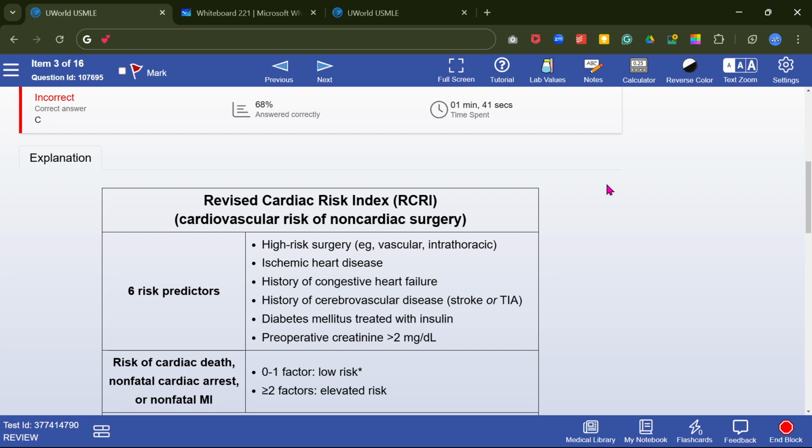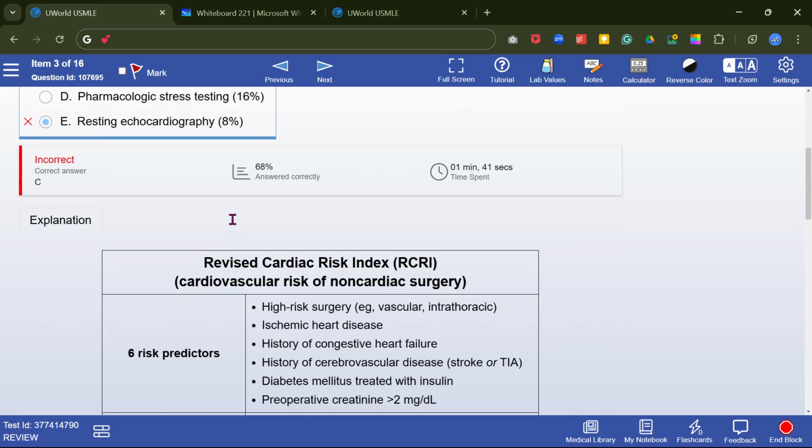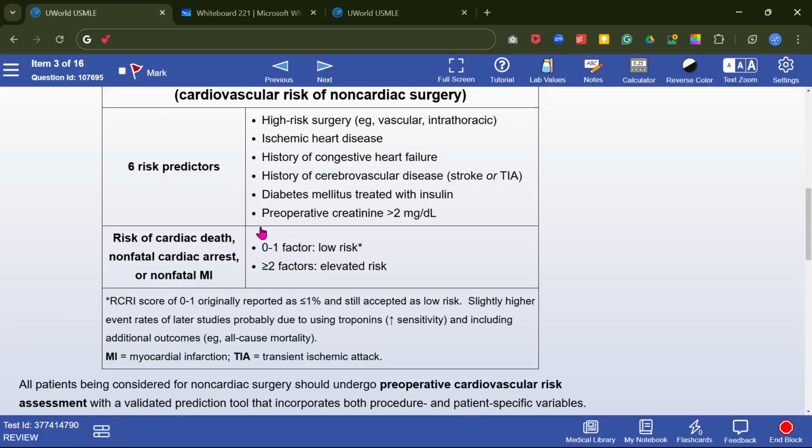This predicts risk of cardiac death, non-fatal cardiac arrest, or non-fatal MI. 0 to 1 factor is low risk, more than 2 factors is elevated risk. So these 6 predictors should be taken into consideration.